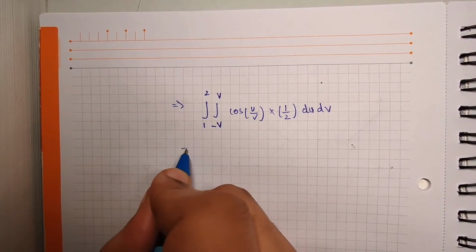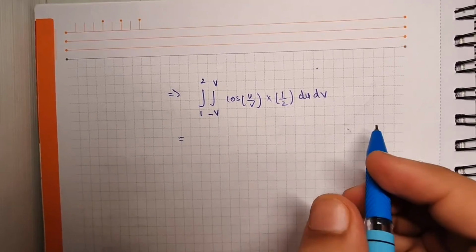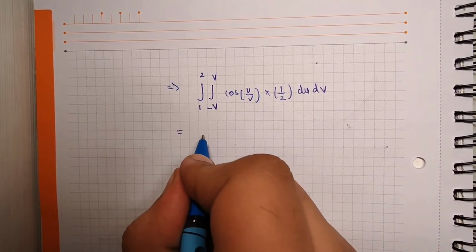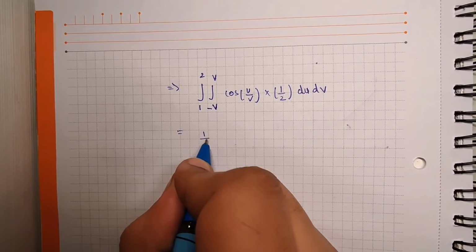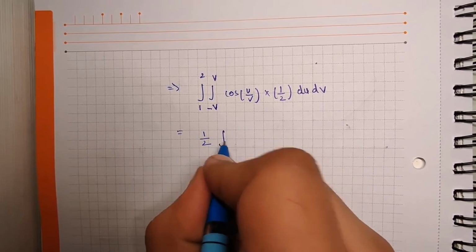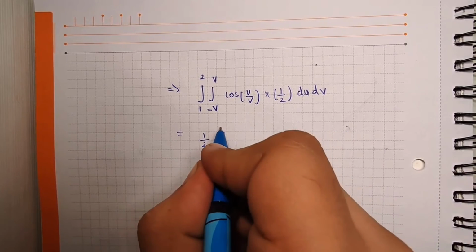Now we would first be integrating with respect to u. We can simply take 1 by 2 out as it is a constant and solve with respect to u.